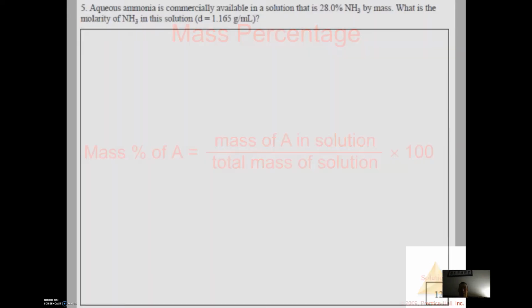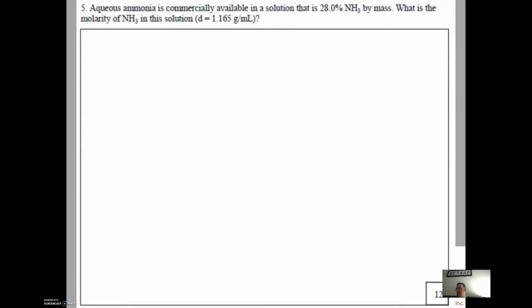Now, adding on to that, we have a problem here. This problem states aqueous ammonia is commercially available in a solution that is 28.0% NH3 by mass. What is the molarity of NH3 in this solution? So there's a few things that are given to you. First thing is to tell you the percent mass of NH3. The second thing is they give you the density of the solution.